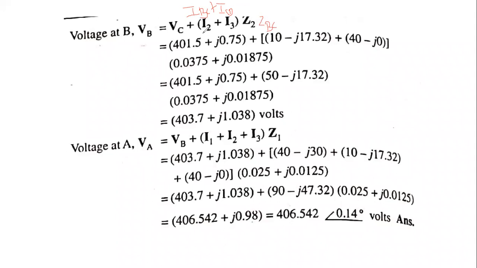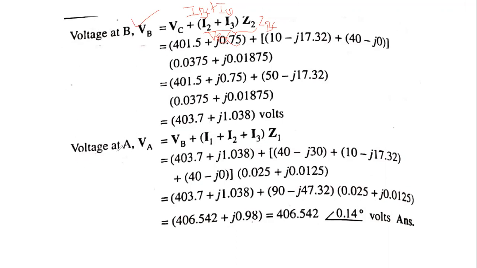This total formula is the VBC. Then substitute all the values in this formula, and we obtain the VB value. This is the voltage at point B.